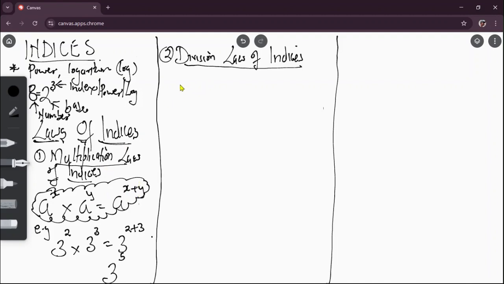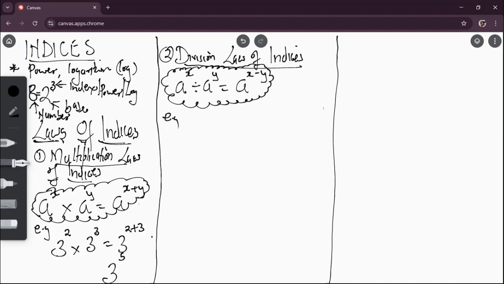So I'll have the same thing. If I take number A raised to power x, instead of multiplying, we are dividing by A raised to power y. This is simply the same as A raised to x minus y. And this is the law that governs two numbers that are divided and have the same base.